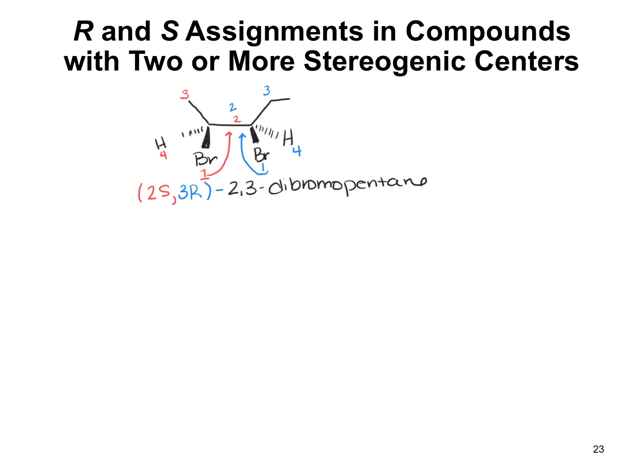Now, identical compounds have the same R and S designations at every tetrahedral stereogenic center.